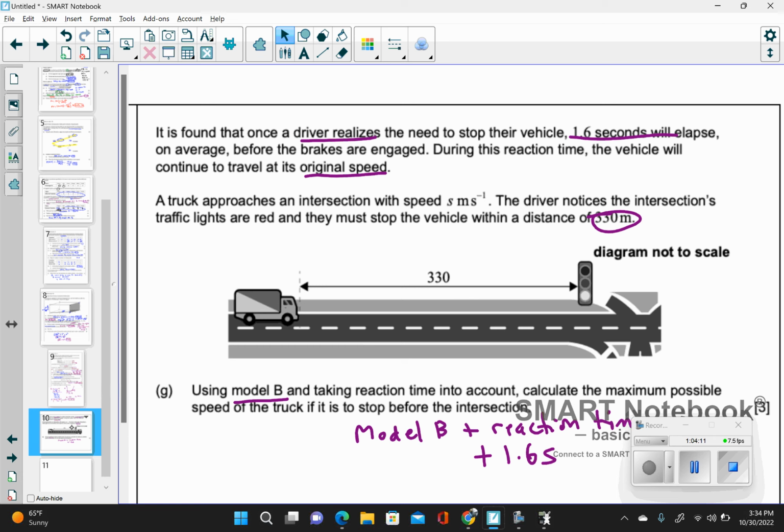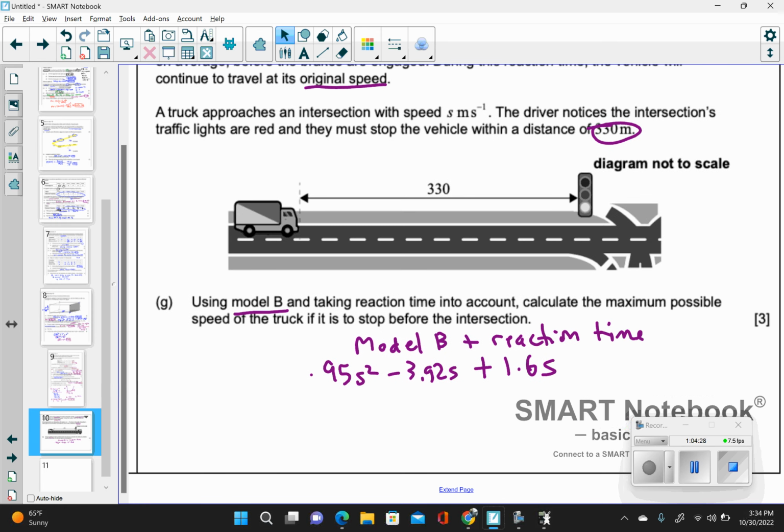We're going to do 0.95 s squared minus 3.92 s. Immediately I see that these two can be combined. So we have 0.95 s squared minus, when you subtract 3.92 minus 1.6, you get 2.27 s.